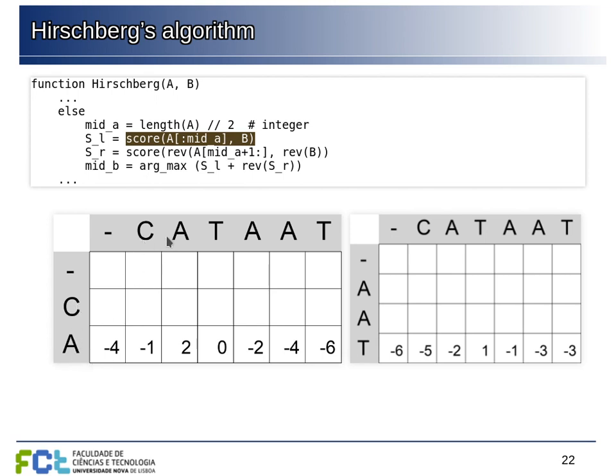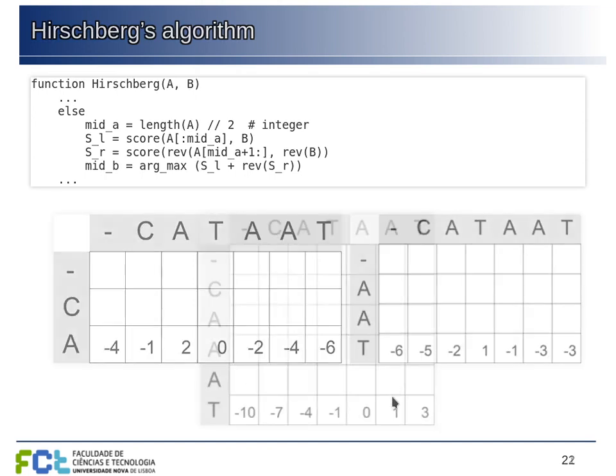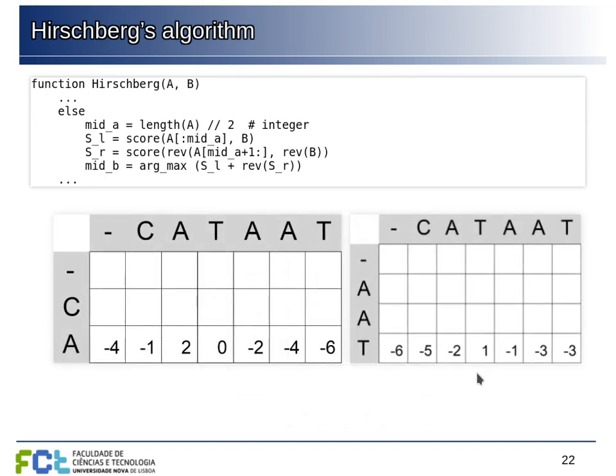If we have CA with CA, we have a 2, and so on. So this tells us what is the score of aligning this subsequence to the beginning of sequence B and moving forward all the way until we cover the complete sequence B. If we did the same thing for the right part, we would get this here. So we would break CAAT into CA and AAT, which would be this part here. And then if we scored it with this one, we would have the same thing.